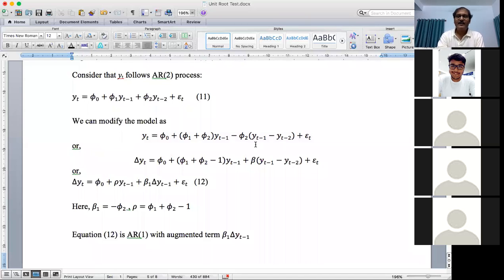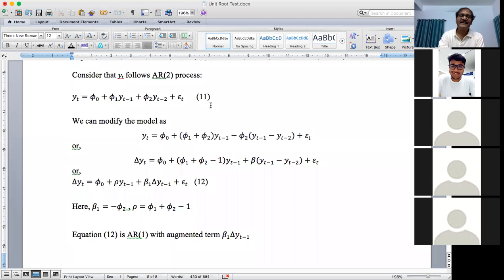I will explain why we need to consider minus phi 2 Yt minus 1, but before that, try to understand the adjustment process. Originally we do not have minus phi 2 Yt minus 1, so we have to add phi 2 Yt minus 1. So equation 11 is similar to this. If you expand it, you can reach equation 11.